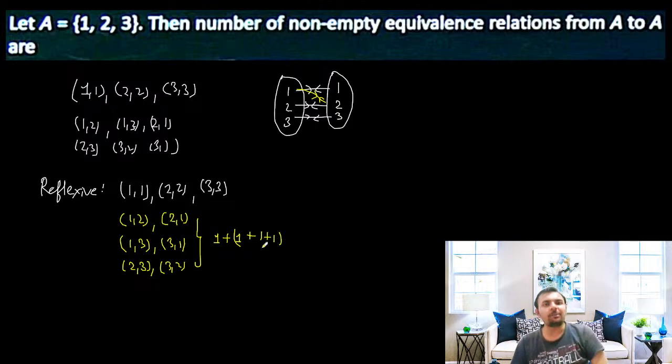If we put 1, comma 2, 2, comma 1, 1, comma 3, what will happen? 1 to 2, 1 to 3. So we will have 3 to 1, then 1 to 2 should be there, isn't it?